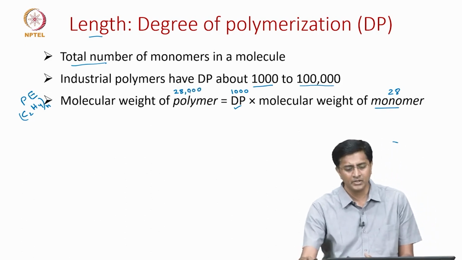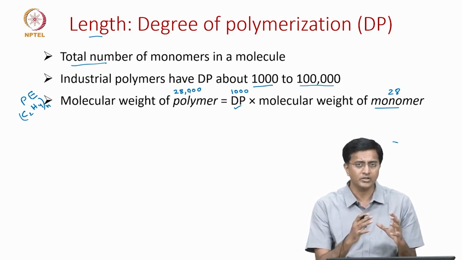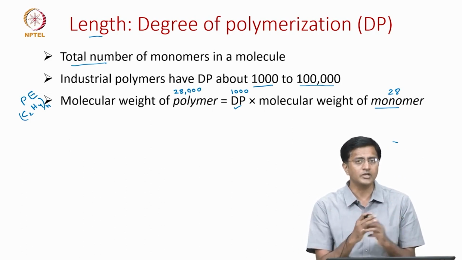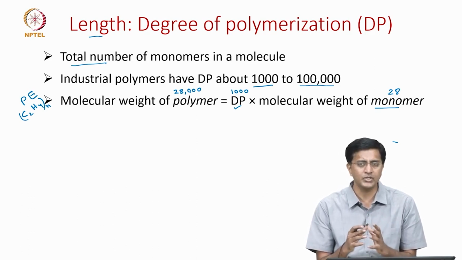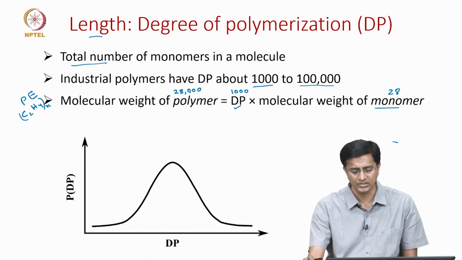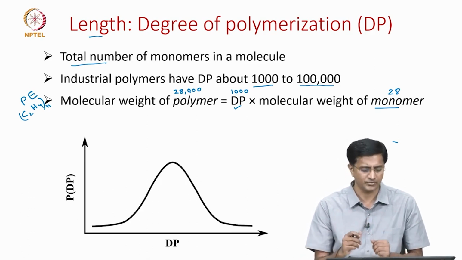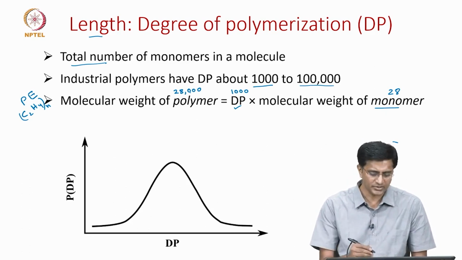But the question is, when we prepare a polymer, do we get all molecular chains of the same length? The answer is no. What we usually get is a range of degrees of polymerization, which means the length of the chains varies in the same polymer itself. This figure depicts the variation.